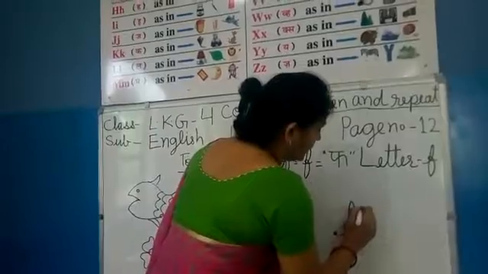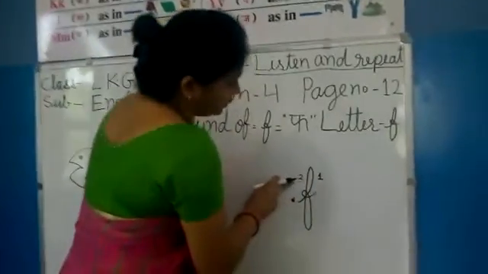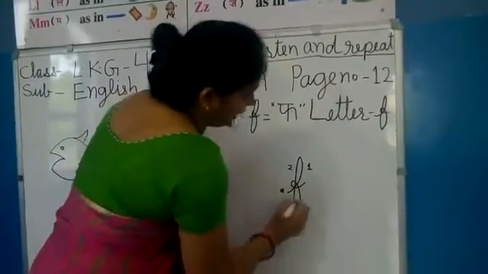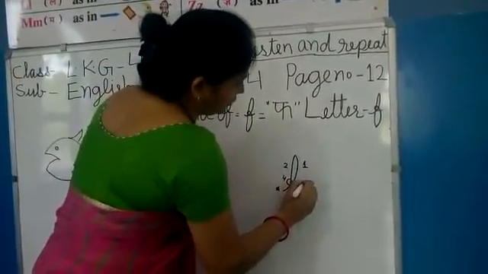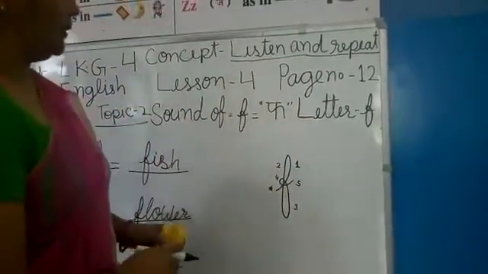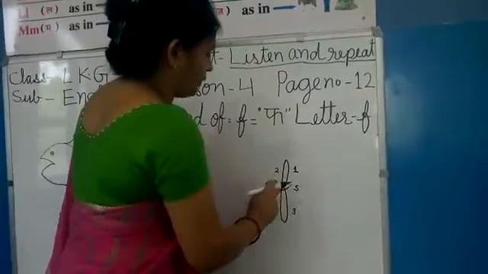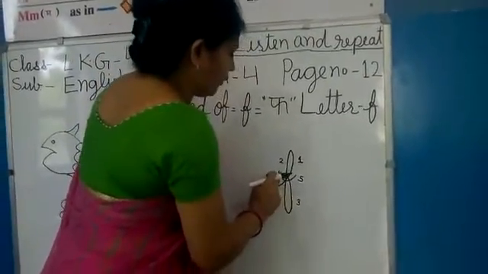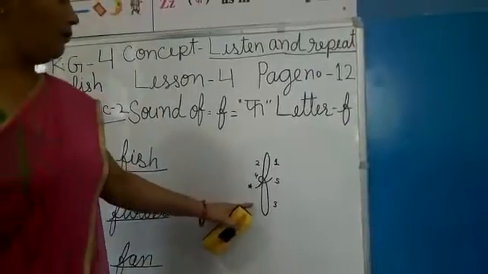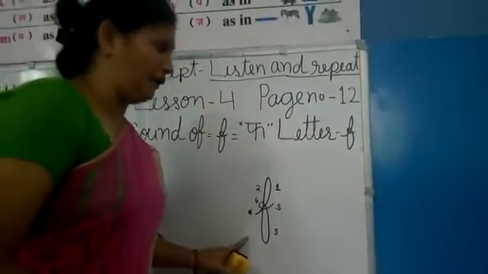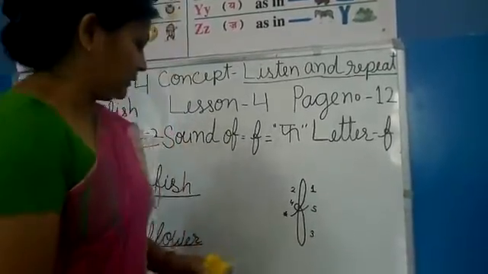Go 1 and 2 and 3 and 4 and 5. So, make this letter, small letter F.